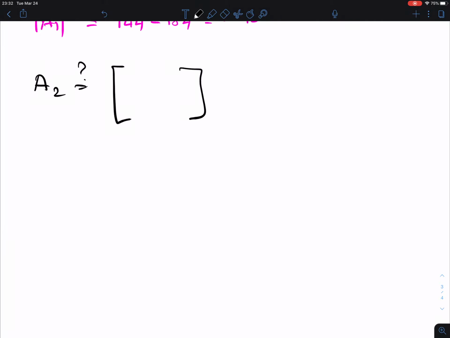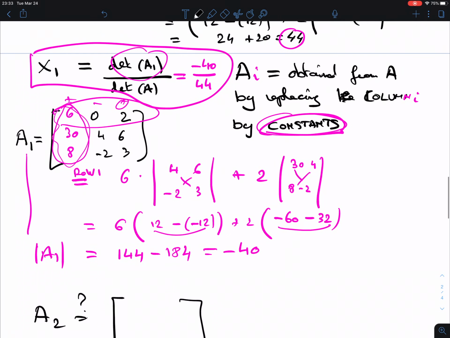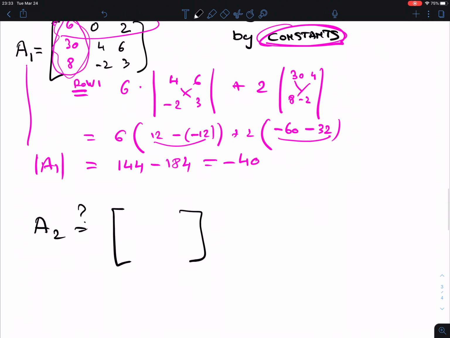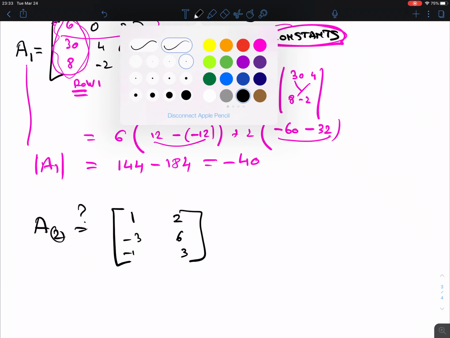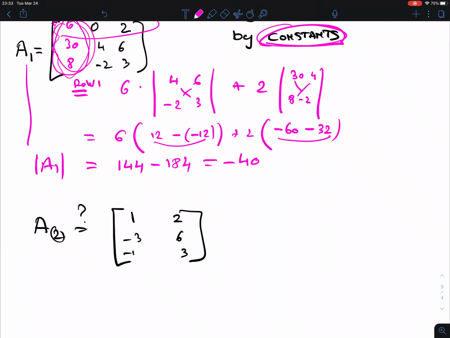Start with the original matrix, which is 1, 0, 2, negative 3, 4, 6, minus 1, minus 2, 3. So A2 means this column is to go now, and instead we plug in the pink guys, 6, 3, 8.